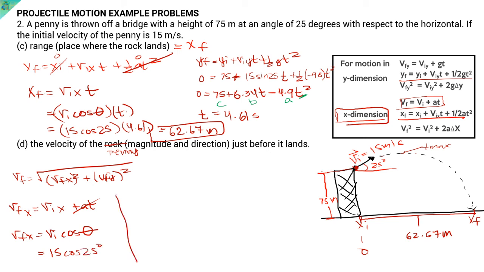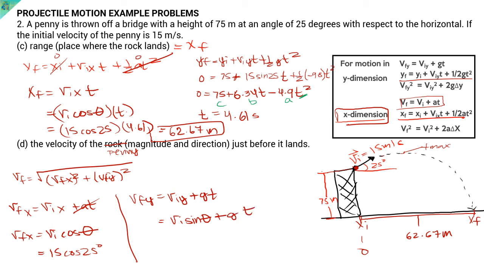How about Vfy? According to this equation here in our y dimension, the formula we are to use is this one, right? So let's write it down. Vfy is equal to Viy plus gt. Our Viy is the initial velocity on the y-axis, so that's Vi sine theta plus gt.